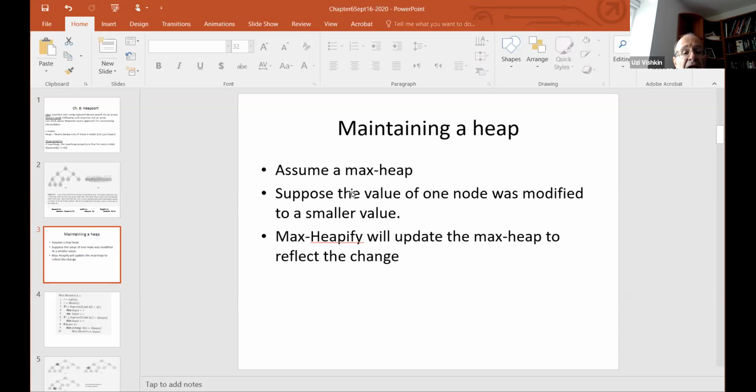So here we have a notion of a max heap. A max heap I already explained. It's where you have this relationship between a node and its parent. And now I'm going to demonstrate to you a form of a query. So what is a query? I'm giving you a max heap. Suppose it is valid and correct.